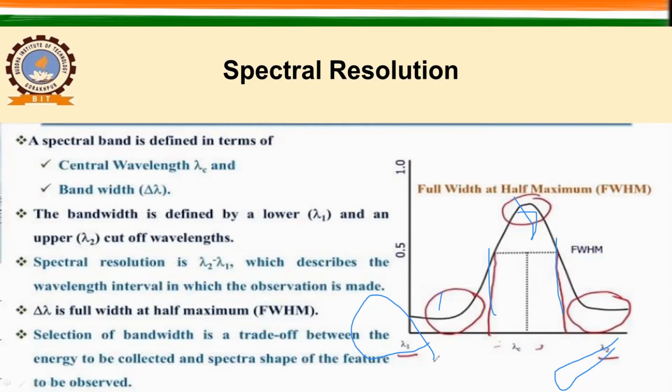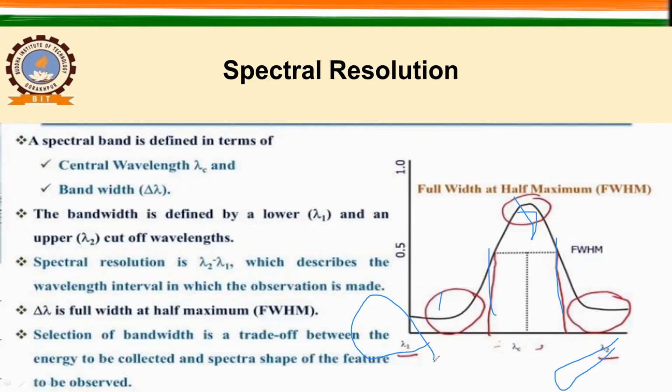Then the selection of bandwidth is a trade-off between the energy to be collected and the spectral shape of the feature to be observed. So if your sensor is capturing this particular area and it is 0.4 to 0.5 micrometer, the energy coming from the surface will reach our sensor, and it will be recorded.